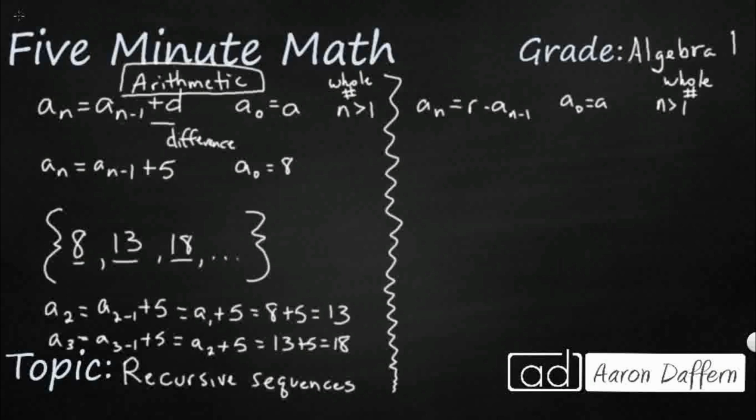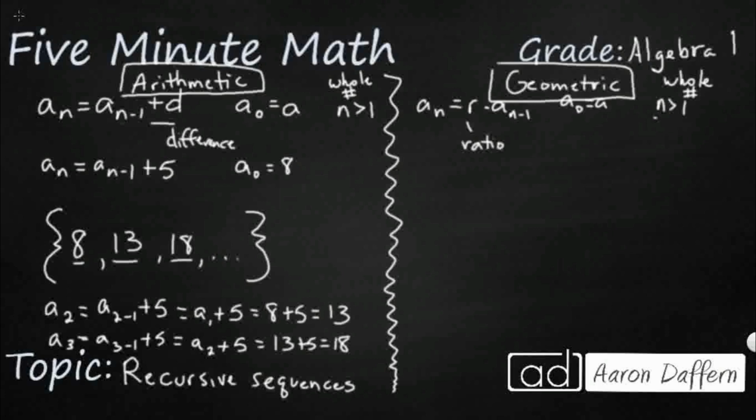Now, this other sequence over here is going to be a geometric sequence. And hopefully you'll see it's going to be a little bit different. So we're going to take this r. This is going to be our ratio. So rather than a difference, we're going to multiply it by a common ratio. Once again, we need to take n's as whole numbers greater than 1, and our a of 0 needs to be something specific.